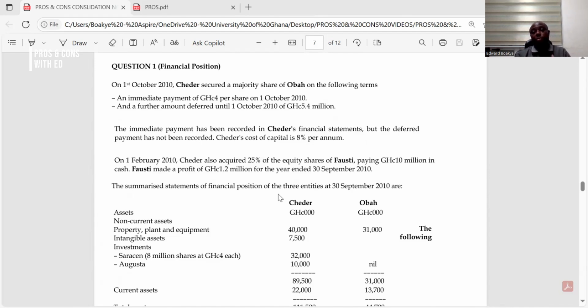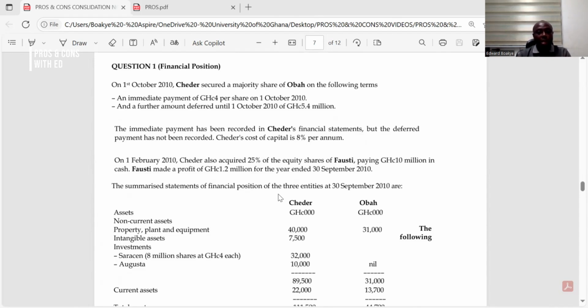If you want to find the fair value, what are we going to do? We are only going to have the 10 million that Cheddar paid in Fosty plus their share of the profit, and the profit is 1.2. So we just multiply 25% on the 1.2. During our explanation of the investment levels, we made mention that you have to find a fair value of the investment in the associate.